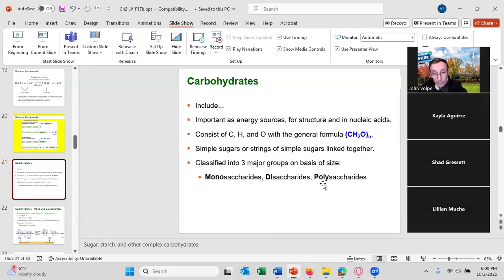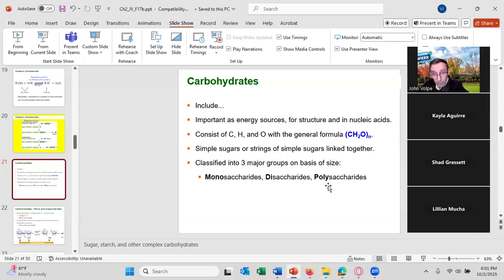And then there are polysaccharides, and these consist of many monomers. Poly means many, and saccharide literally means sugar. We're talking about simple sugar when we use the term saccharide, because that's the monomer. Starch is an example of a polysaccharide. All starch is glucose hooked together one after the other.